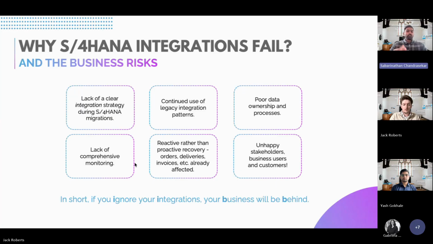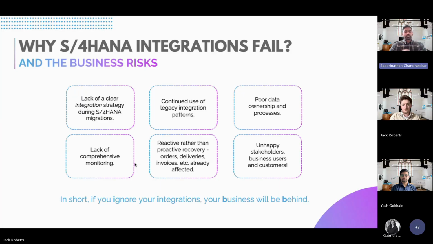Even though we do have inbuilt monitoring capabilities within the integration suite itself, the monitoring capabilities can only tell you which messages have failed and when, but they do not give you a clear picture of what has actually failed.